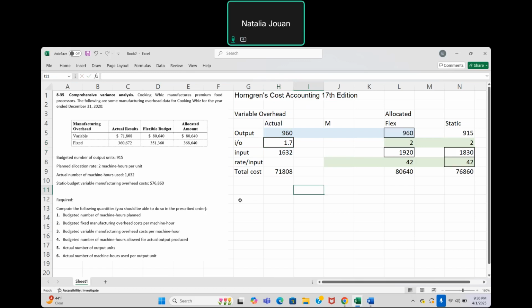Now we need to build that fixed chart. Okay, fixed chart, fixed overhead. It's a little different. Okay, we're going to have an actual number. We're not going to have a middle. Okay, this is a flexible input. Flex input. We're not going to have that middle column. Okay, this is flex output.